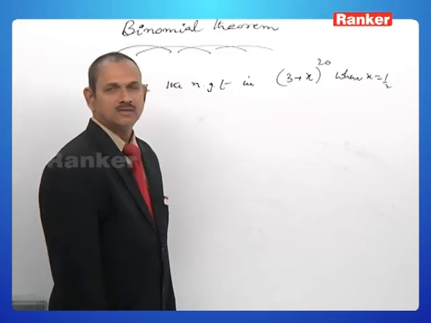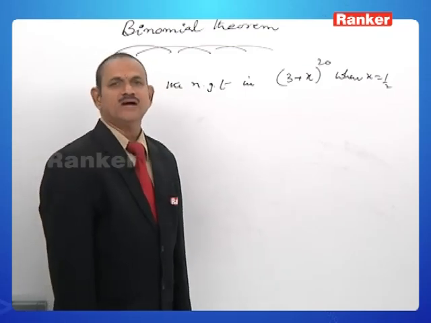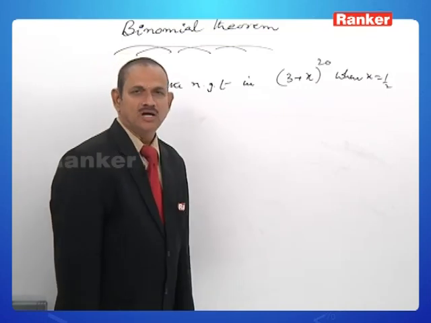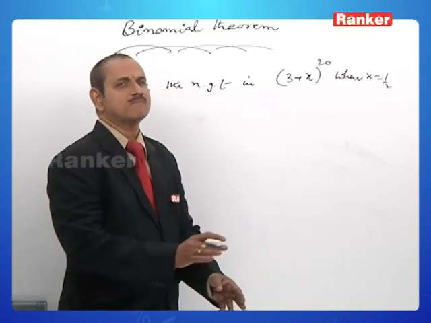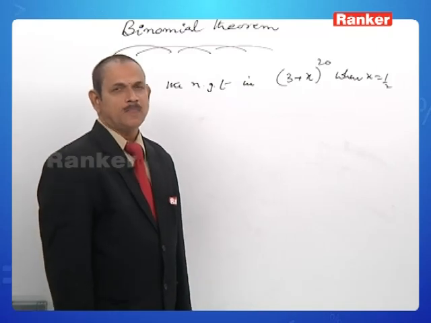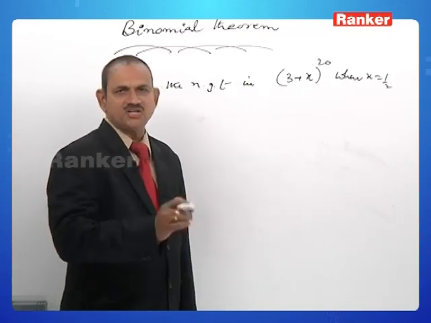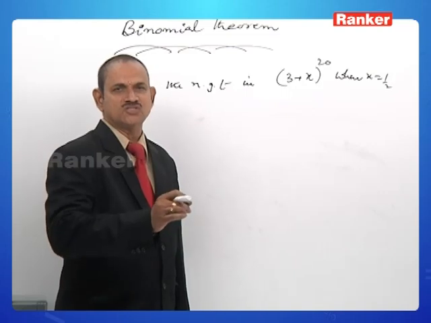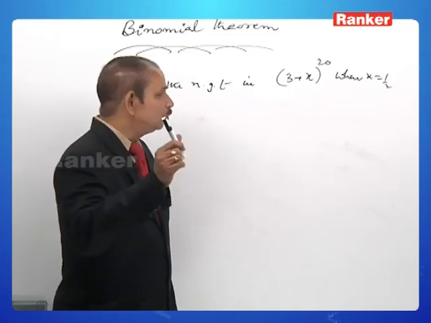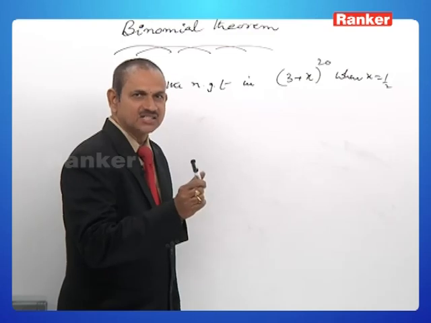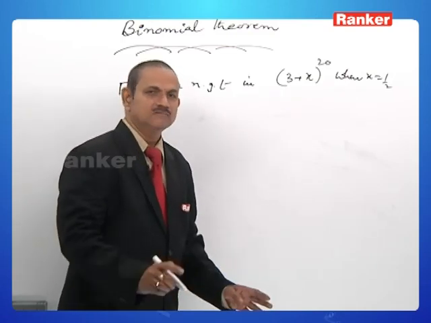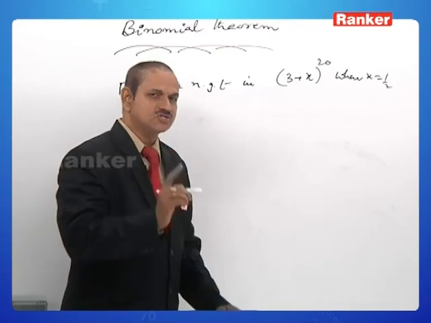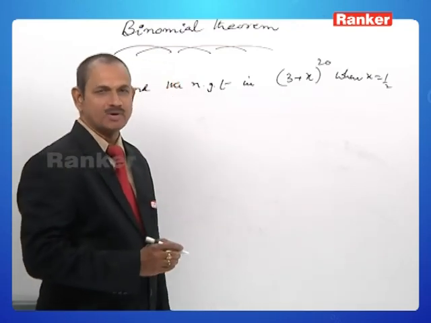Well, my dear, first of all, we have to look at the expansion. It is (3 plus x) whole to the power of 20. It is not in the shape of (1 plus x) whole to the power of n. The very first essential thing that you must take care of is to have the expansion in the form (1 plus x) whole to the power of n. Only later you start to solve the problem.